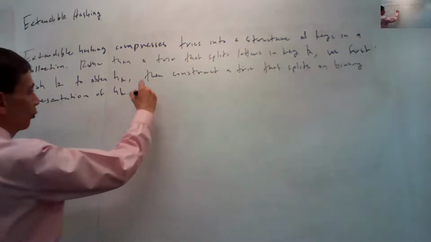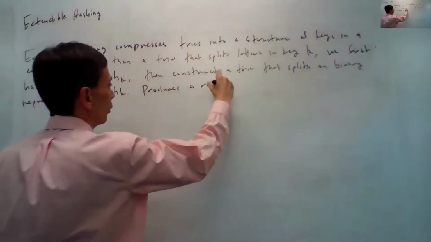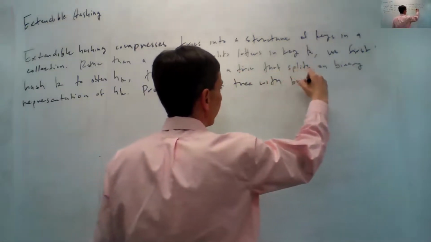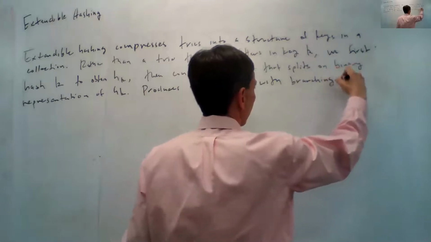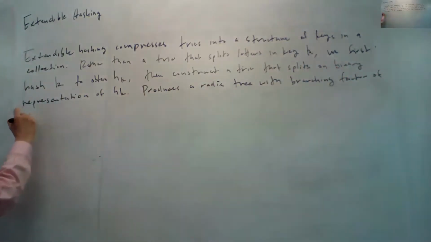So this is a radix tree with a branching factor of 2. Right?